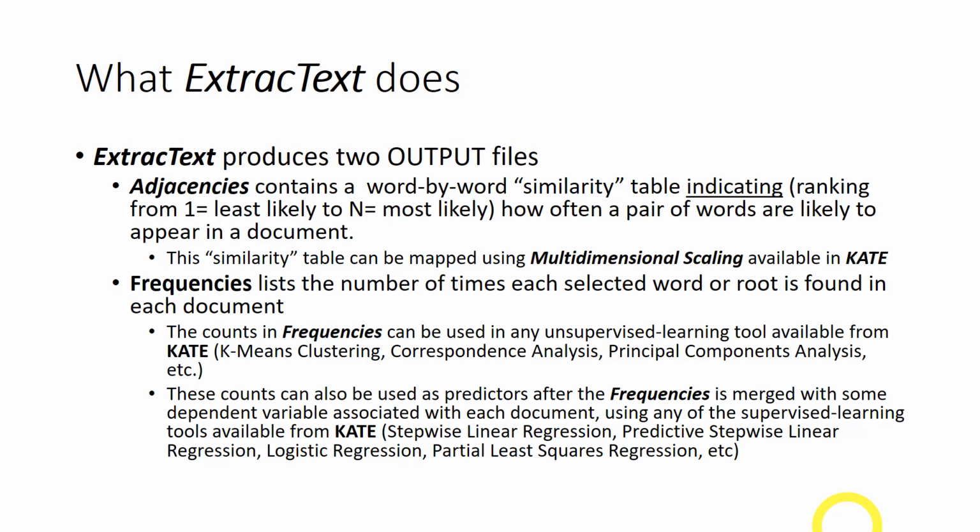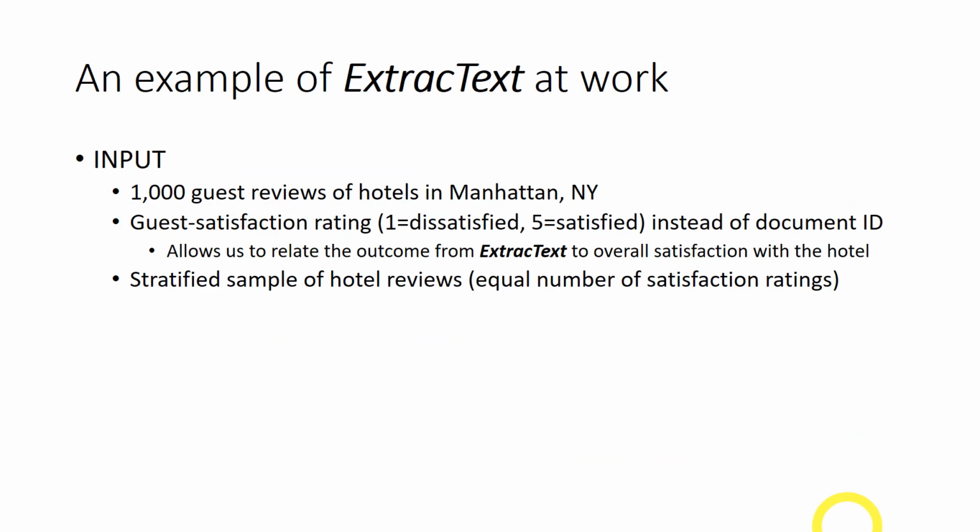So next, I'm going to show you one example of what you can do with ExtractText. In this example, we have 1,000 guest reviews of hotels in Manhattan, New York. So each row is one guest review.